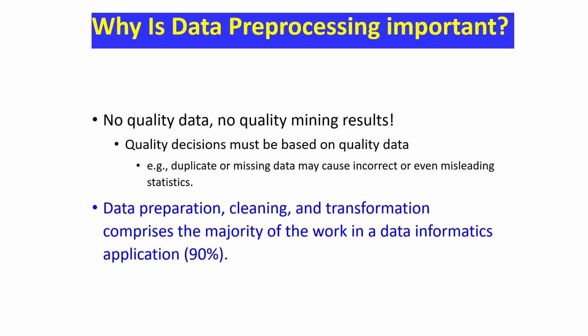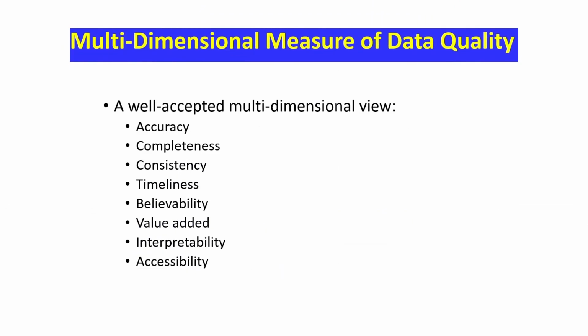Therefore, cleaning and transformation actually make up the majority of the work in data informatics. Let me tell you, almost 90% of your time will go into cleaning and transformation of the data, because if you have bad quality data, every model will give you bad results, no matter how powerful the model is.